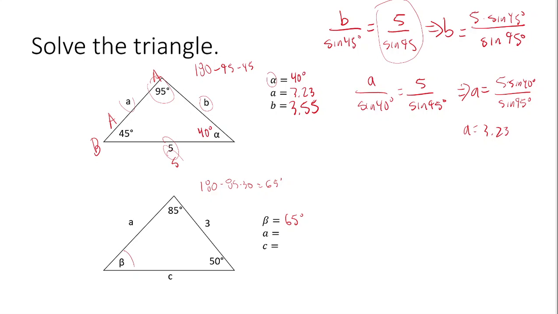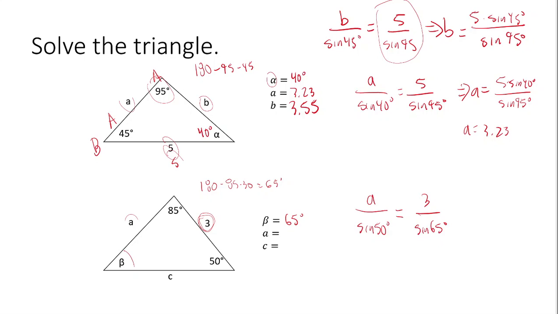Then let's find A. So again, we want to find A first. Then we say A divided by the sine of the angle that's opposite side length A, which is the sine of 50 degrees, is going to be equal to, and then use the information we know that's for sure exact. So we have this side of 3, which equals 3 divided by that angle opposite, which we found was 65 degrees, so sine of 65 degrees.